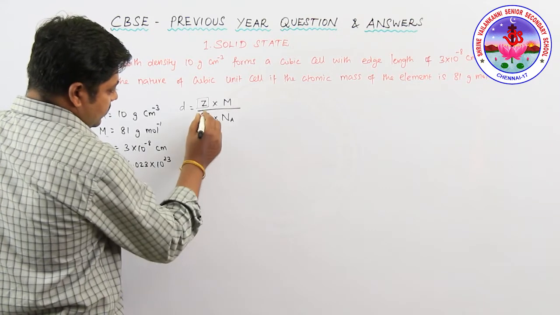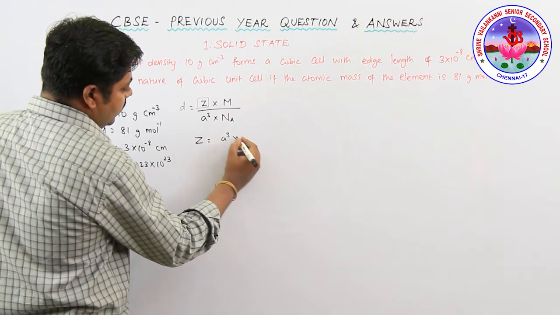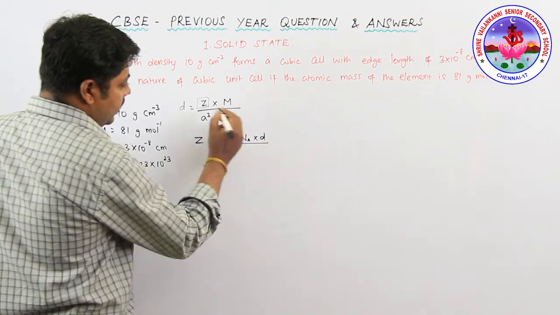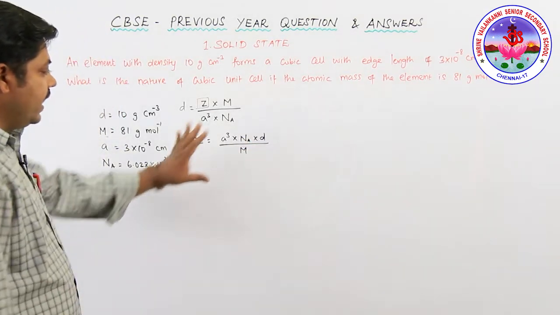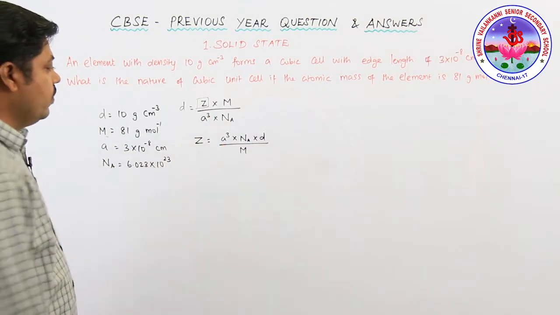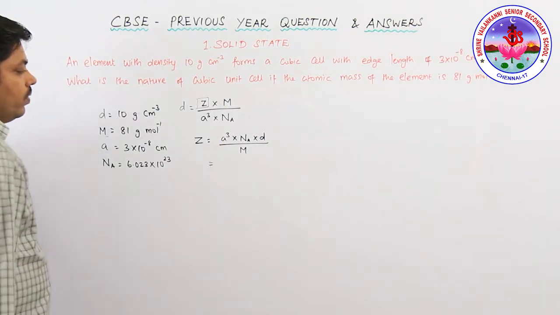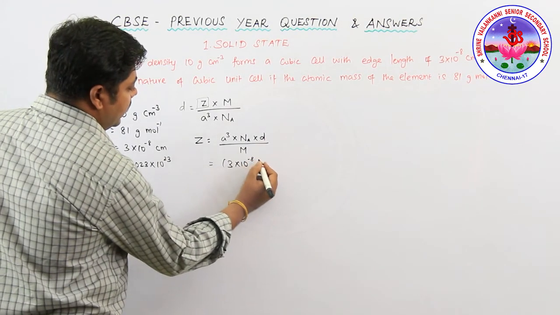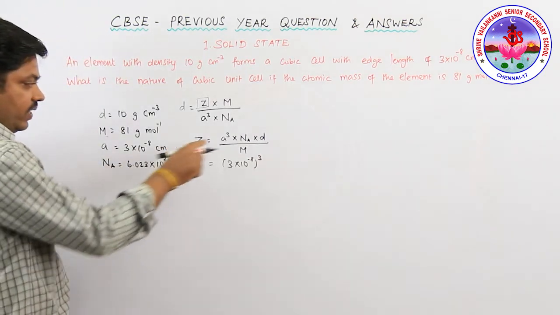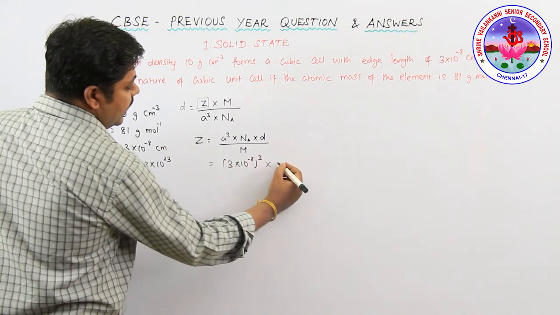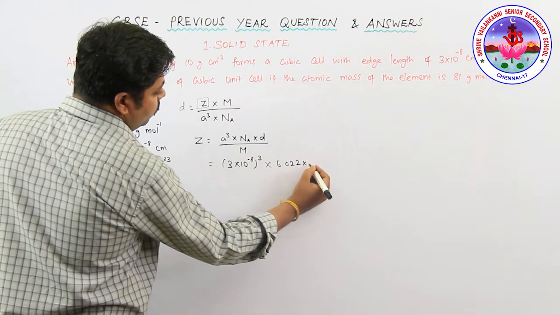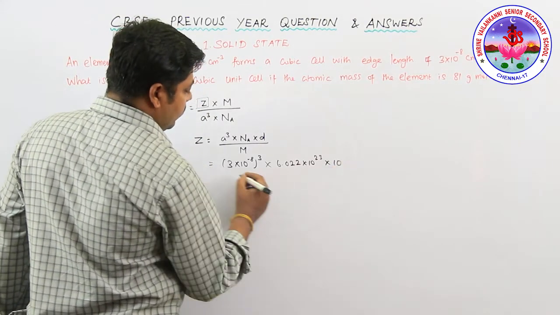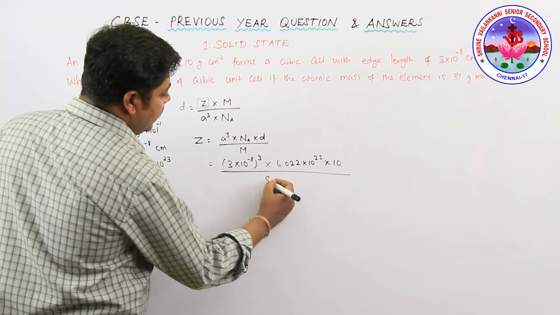So Z is equal to A cube into Na into D divided by M. Now Z is the cube of 3 into 10 power minus 8 centimeters, into Na, 6.022 into 10 power 23, and D is 10 divided by M, that is 81.